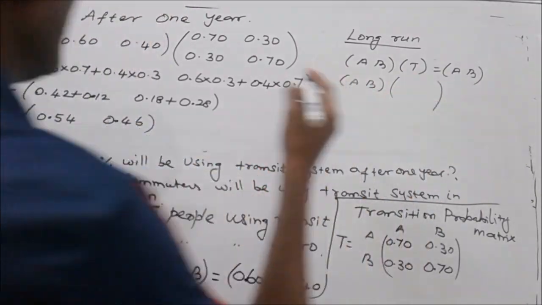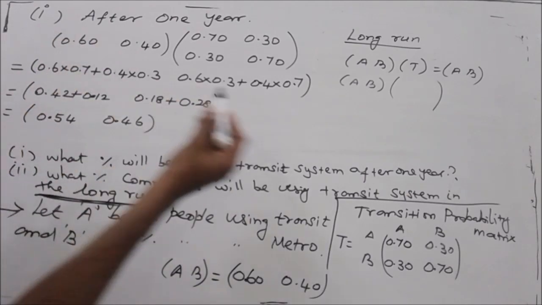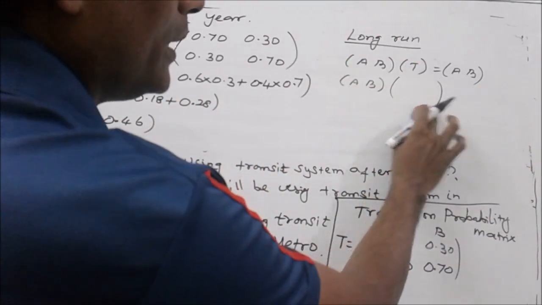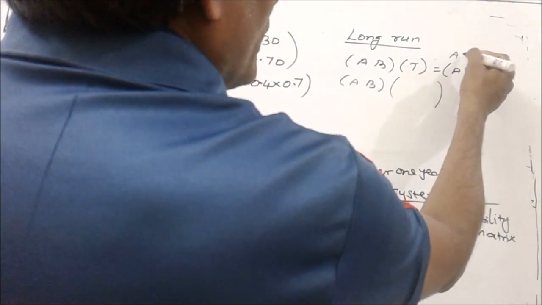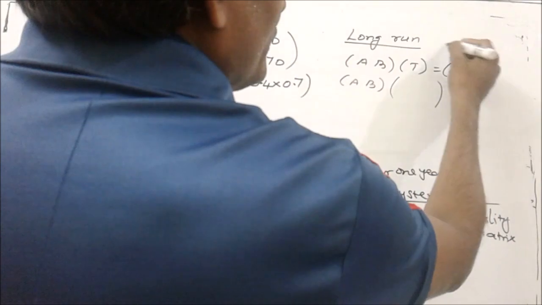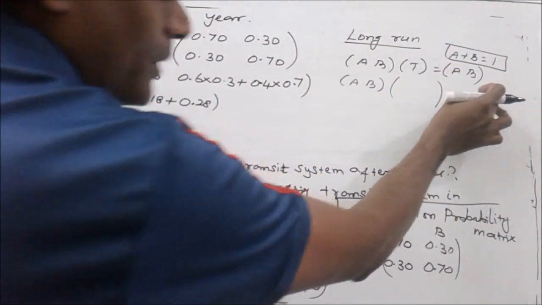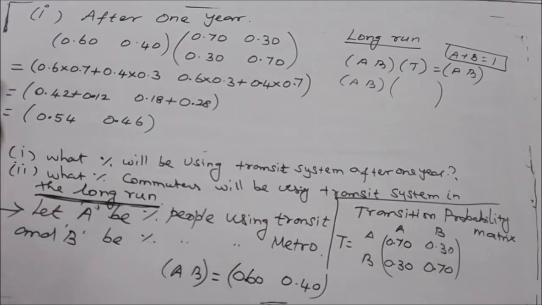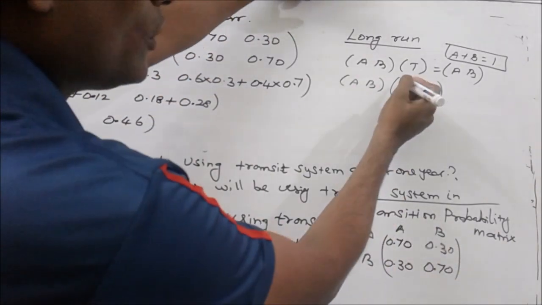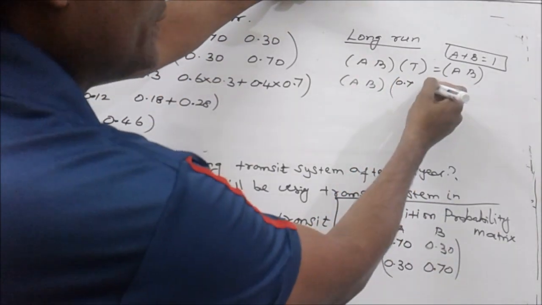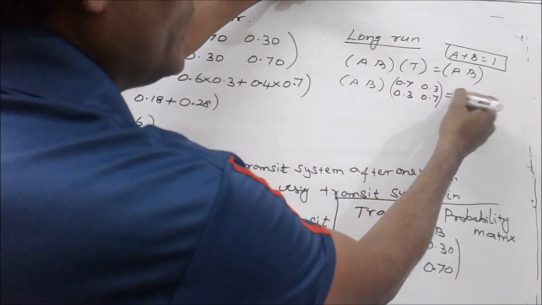In the first sum they have given the first year data, which we have utilized here. But in the long run we don't know how it will be, but A plus B equals 1, because A and B are probability measures, the total value will be equal to 1. But probability function into transition implies the probability function is the equilibrium or long run. Now AB into the transition matrix, 0.7, 0.3, 0.3, 0.7, will be equal to AB.